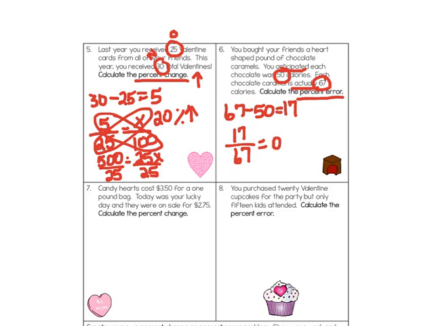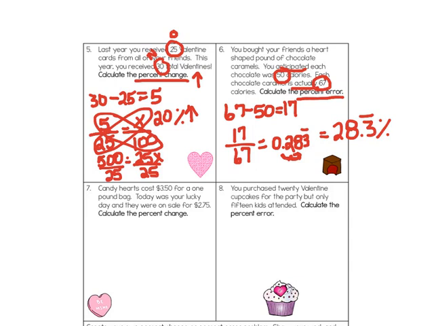That gives me 0.253 repeating. Okay, so if I make that decimal into a percent by moving my decimal over, it's going to equal 25.3 repeating percent. Or you could just write 25%.